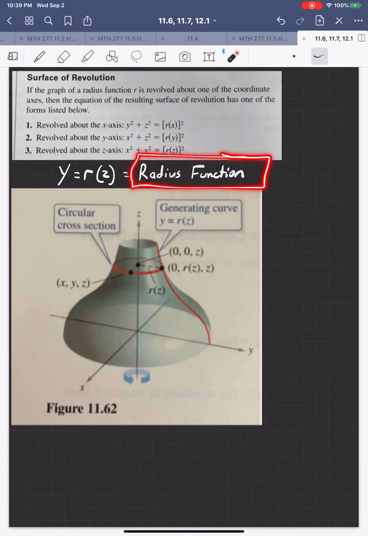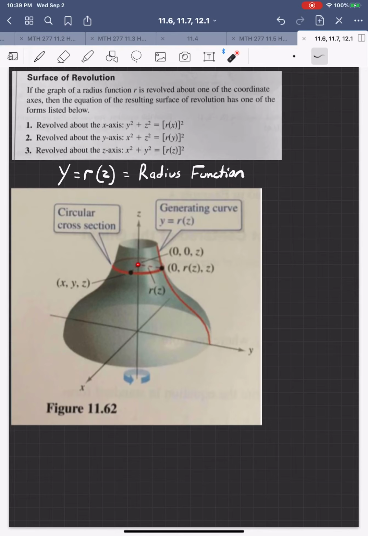And in this particular picture, let's think about first off the surface. So this is the entire surface of this. Why do we refer to r of x, r of y, r of z as a radius function?